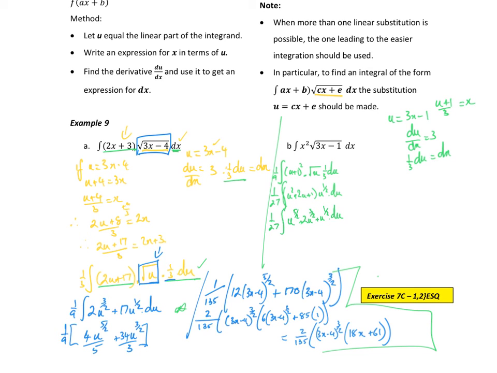And now I can anti-differentiate. Outside of u to the 7 on 2, so I'm going to have 2u to the 7 on 2 on 7 plus, it becomes u to the 5 on 2 over 5 on 2, so the 2 becomes a 2/5. 2 times 2 is 4 on 5. u to the 3 on 2 on 3 on 2, the 3 on 2 flips, so it becomes plus 2u to the 3 on 2 on 3.